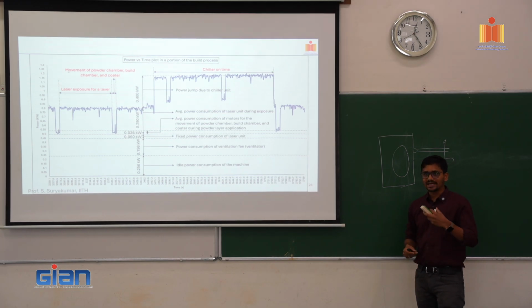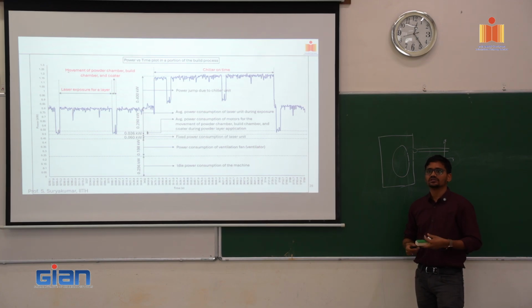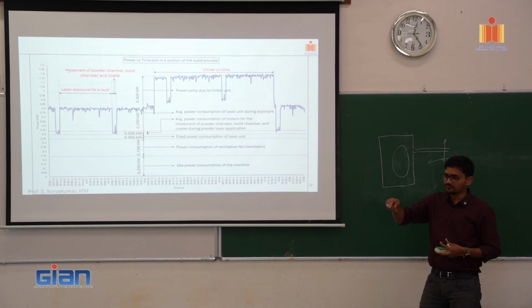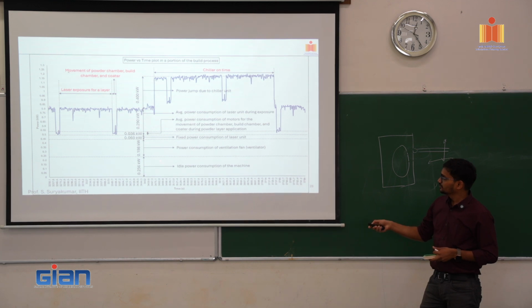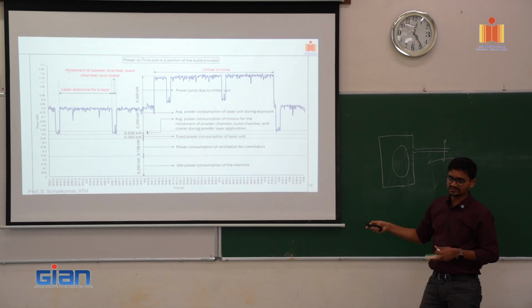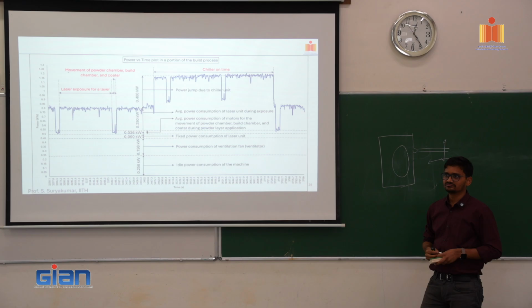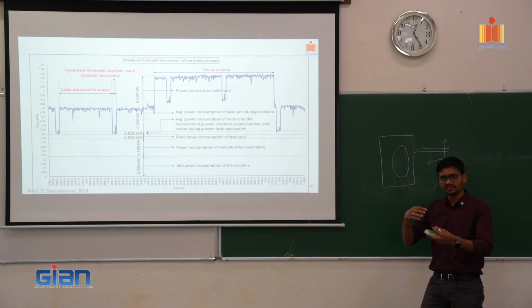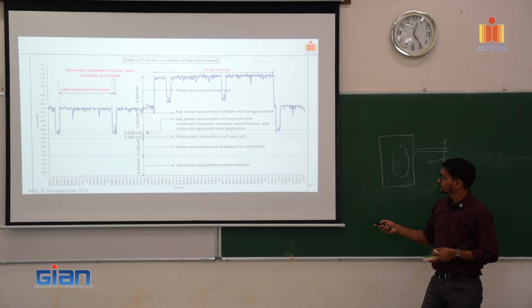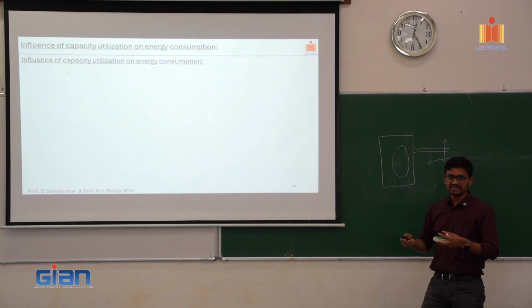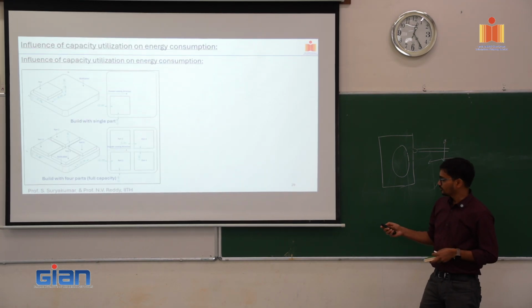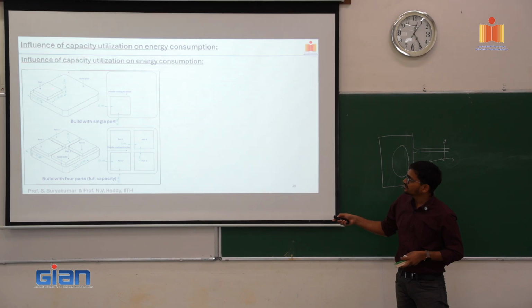So if you want to maximize the usage, how will you do it? If you want to make a small part, you still need to account for these components. You cannot avoid them, or even make them less. So you want to maximize the capacity utilization. Let's say you want to make one part.